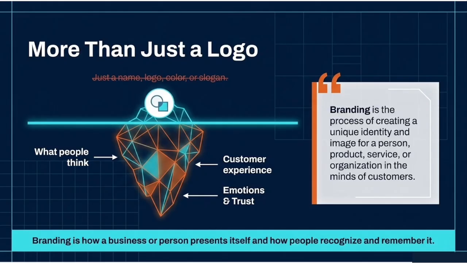Not this year you are doing good, next year you are doing bad. When you are not consistent, your brand can never be recognized. It cannot shout, it cannot outcompete your competitors. So you have to be consistent.